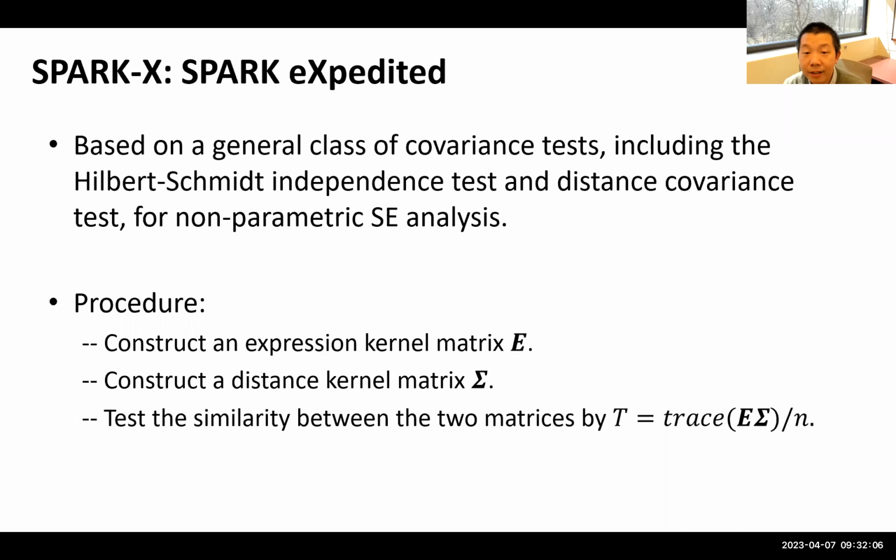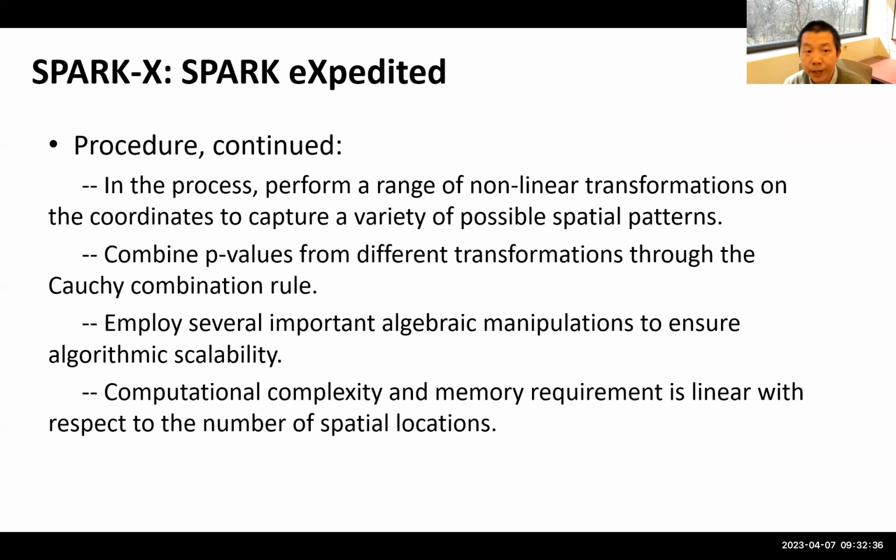Now, if you want to identify genes that show a spatial expression pattern, you basically want to show that sigma_ij and E_ij are correlated with each other. If you have a high sigma_ij, you want to see a high E_ij. That's the main intuition. To do that, you can compute the trace term, trace of E times sigma, and under the null this trace term follows a mixture of chi-square distributions. That allows you to get a p-value to test whether the gene shows a spatial expression pattern.